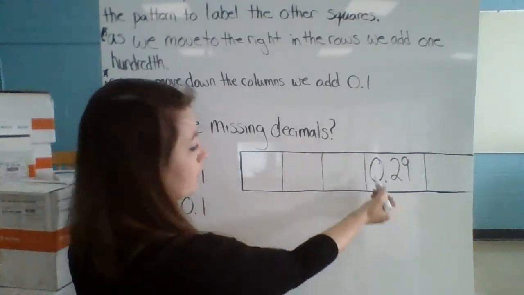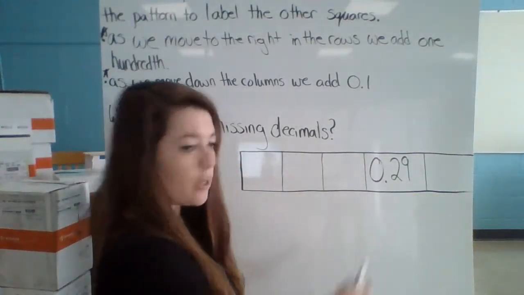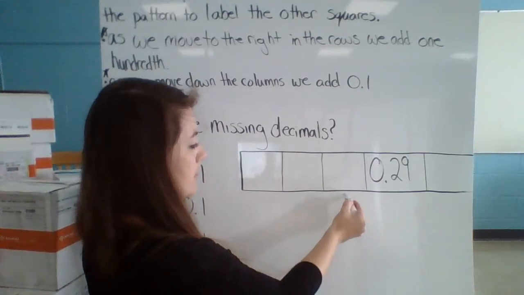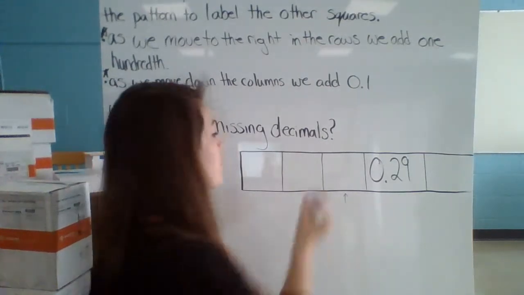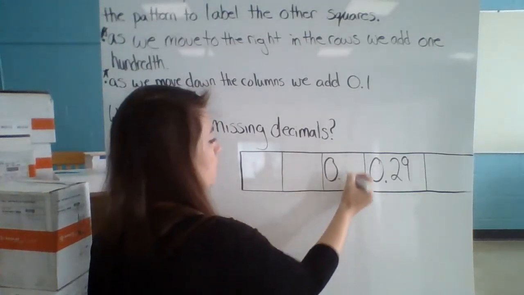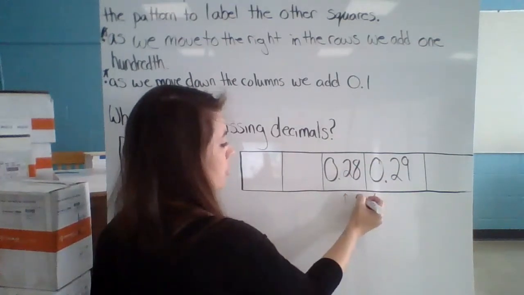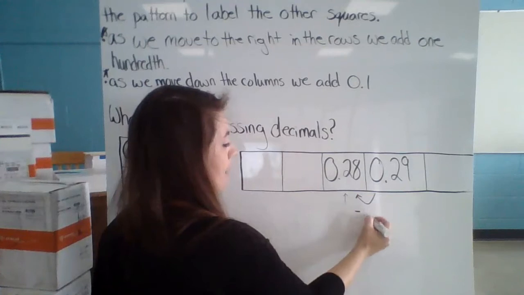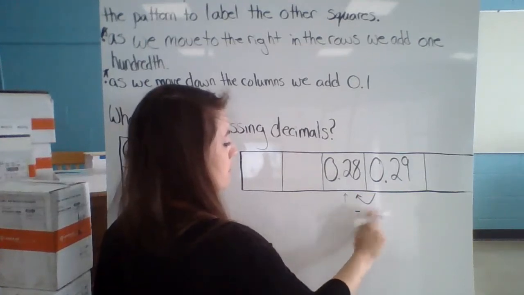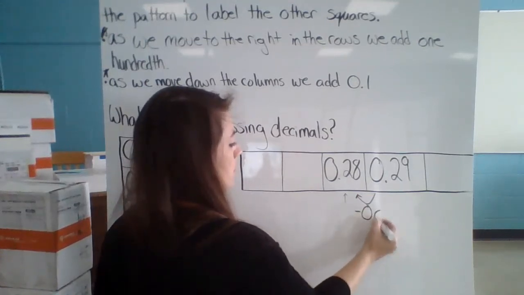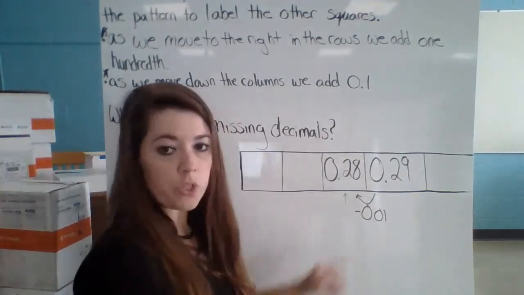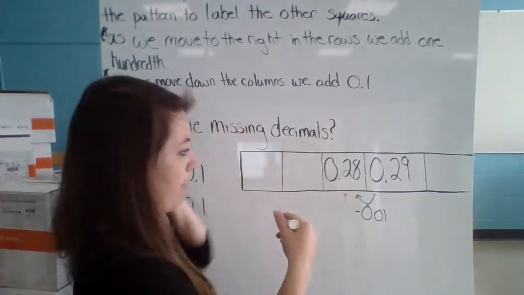So if we start at 29 hundredths, what should be in this box here? 28 hundredths. It's one less. So when going this direction, we subtract 100th. So we're subtracting 100th as we go to the left.